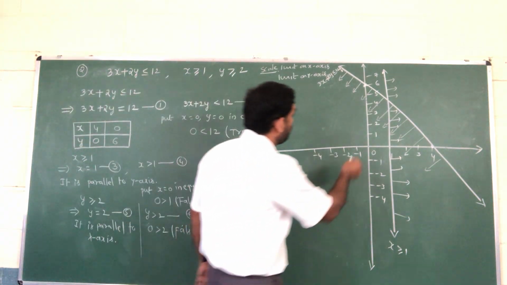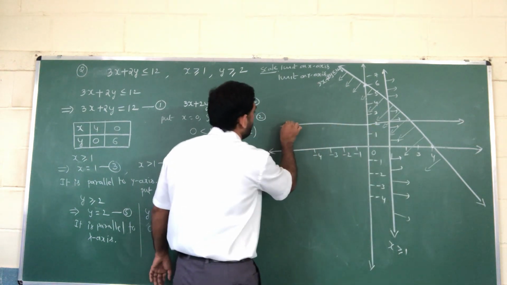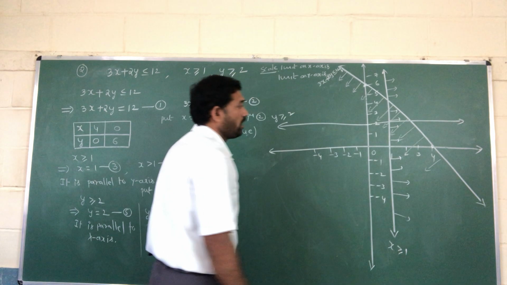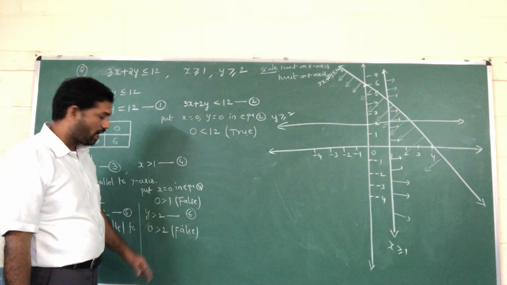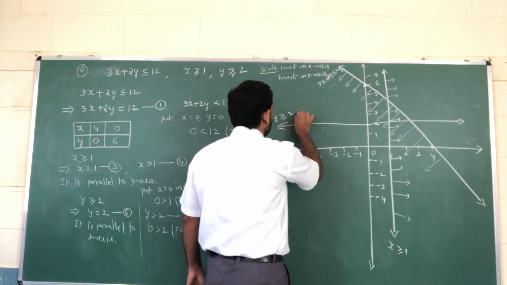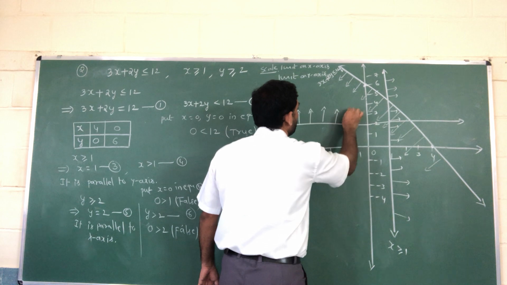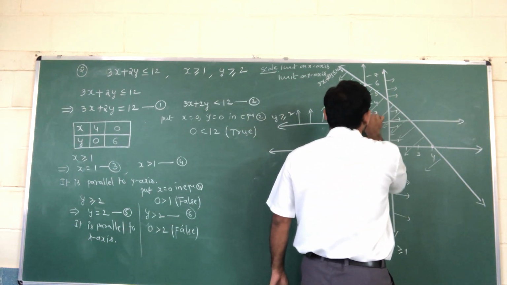Y equal to 2 means this one. So y greater than or equal to 2. So this is also a dark line you have to take. Next, where do we have to shade? False means line above you have to take. You are showing an arrow mark, which means the solution is here.